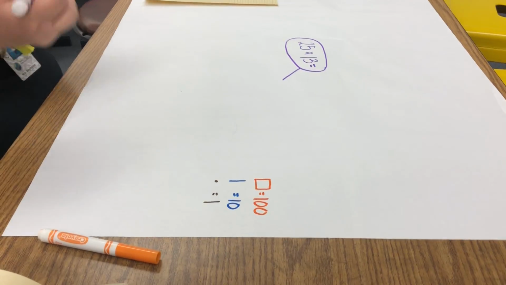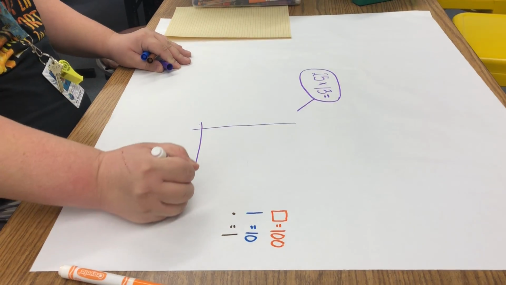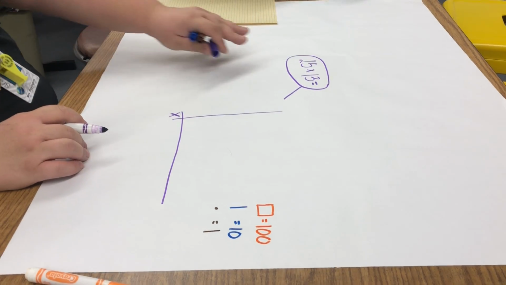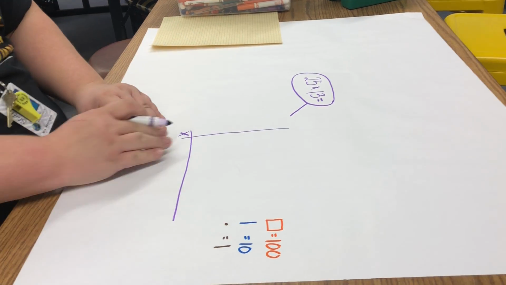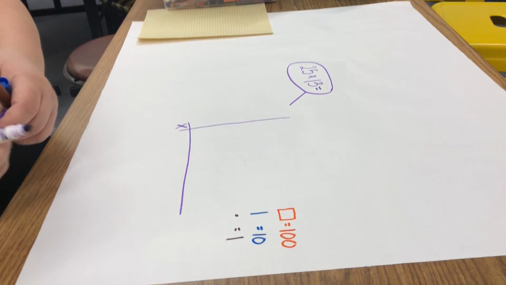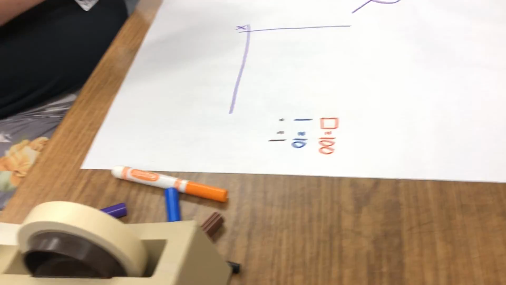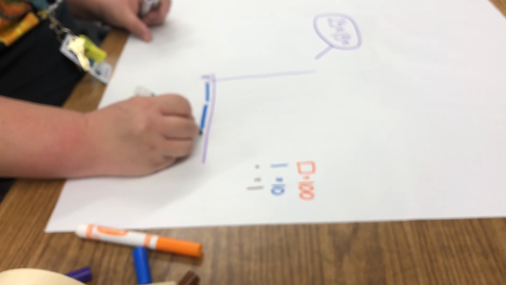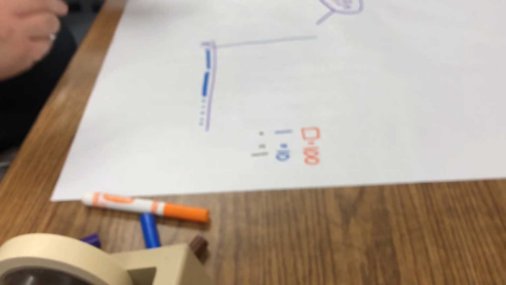All right, now I'm going to draw my board, put my multiplication symbol there, and the number I need is 25 times 13. So 25 is going to be right here. So 25 would be broken down into 10, 20, 21, 22, 23, 24, 25.